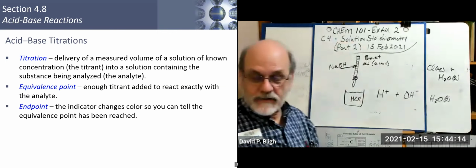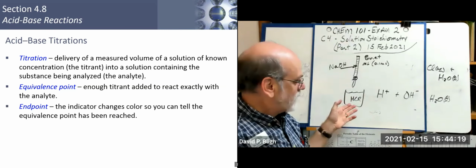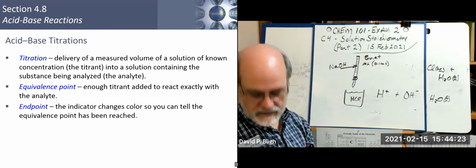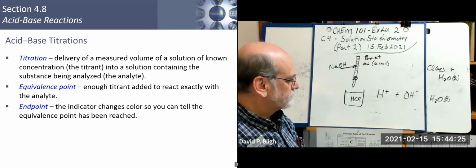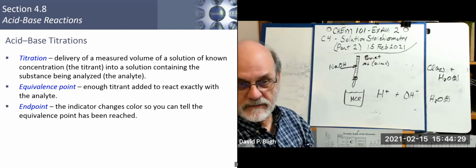And if you know how much volume you put in there in the first place, then you can calculate the concentration of that acid. That, in a nutshell, is an acid-base titration.